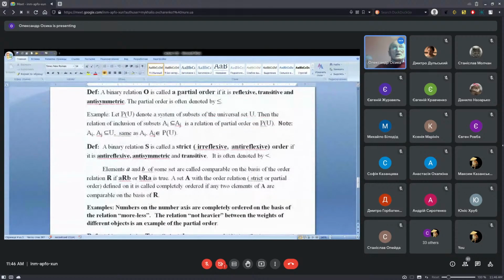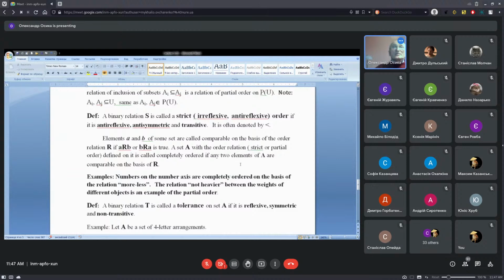So we said partial order, strict order, and any of these order relations can be used for arranging elements, at least those elements that are comparable.